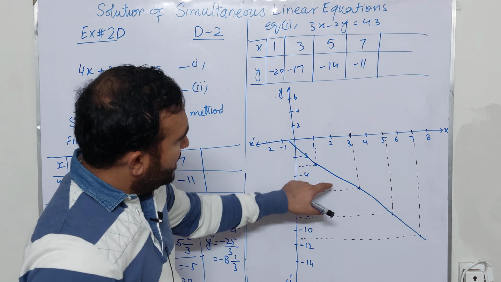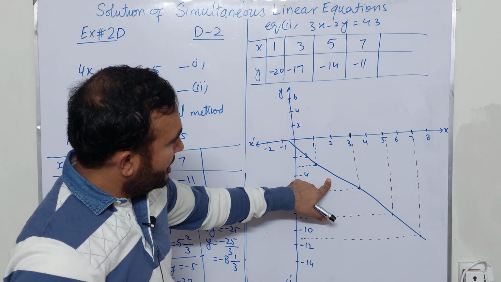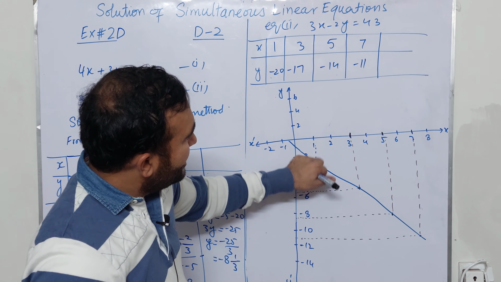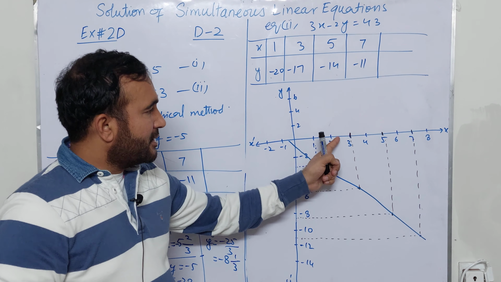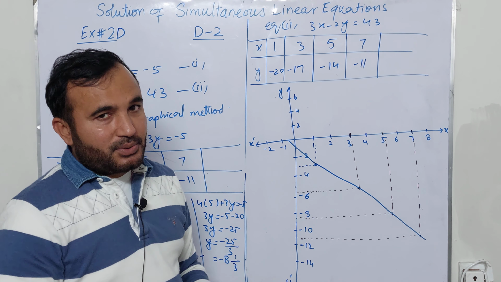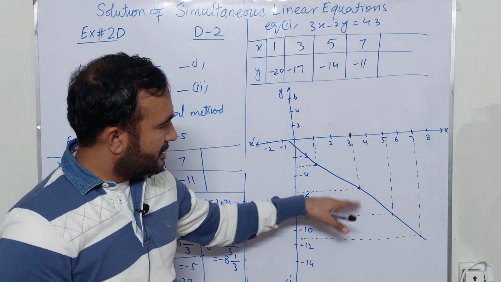There is a little bit of a glitch, it is not exactly straight, but the reason is that this is not graph paper, and these intervals are not exactly similar to each other.